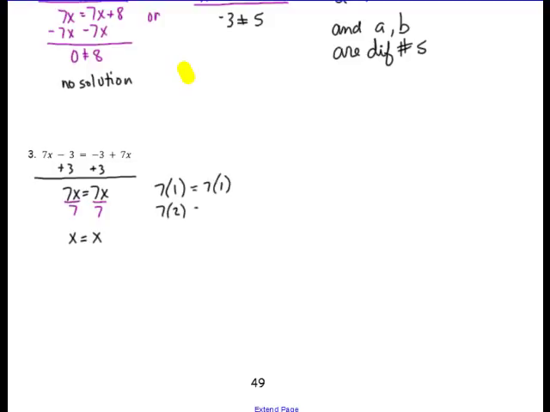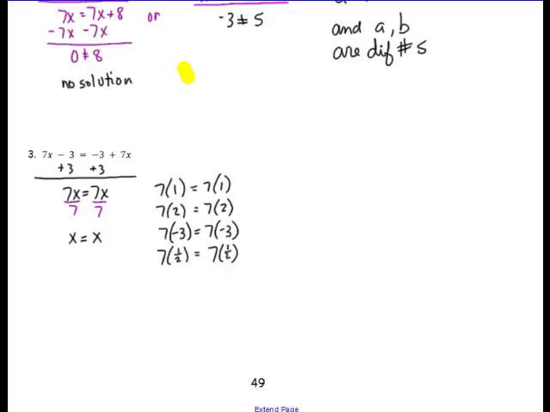If you multiplied by 2, you would get the same answer. What if you chose a negative number? They would still be equal. What if you chose a fraction? They would still be equal. This is called an identity because the same expression is on both sides of the equal sign.